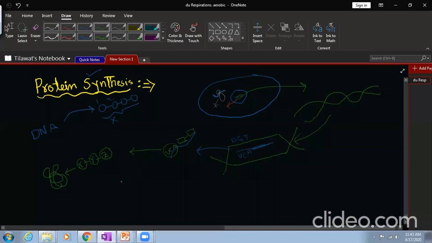So the first step is actually conversion of DNA into what? Into messenger RNA.